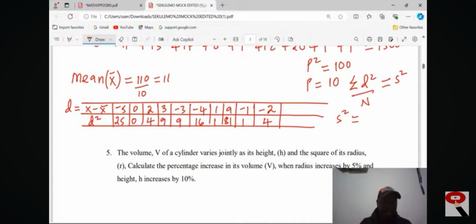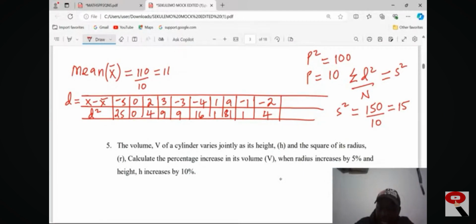We also add 16. We also add 1. We add 81. We add 1, and finally 4. I'm getting 150. So 150 divided by 10 items. I'm getting a variance of 15.